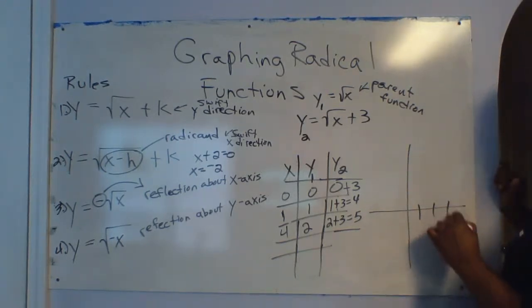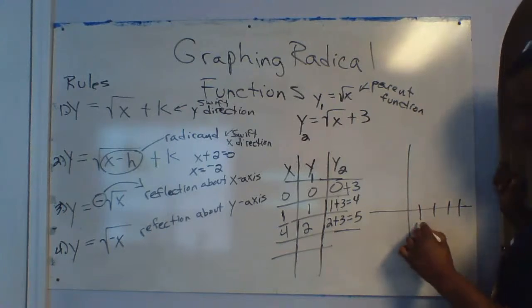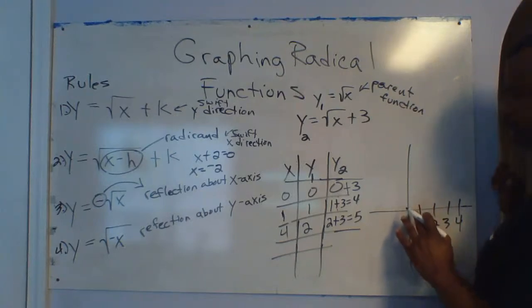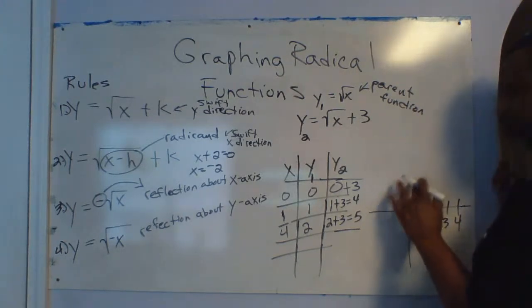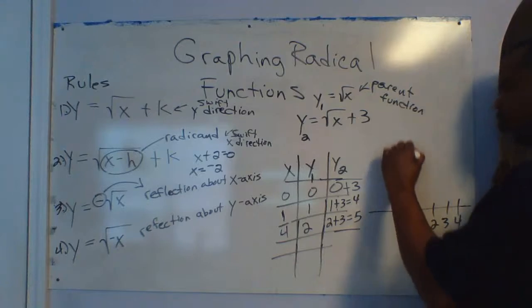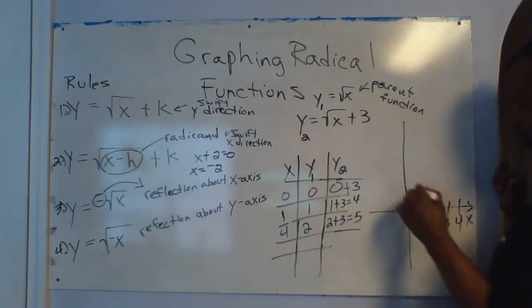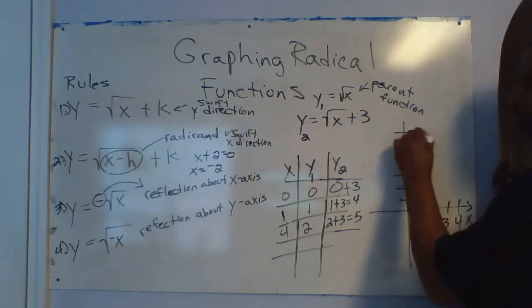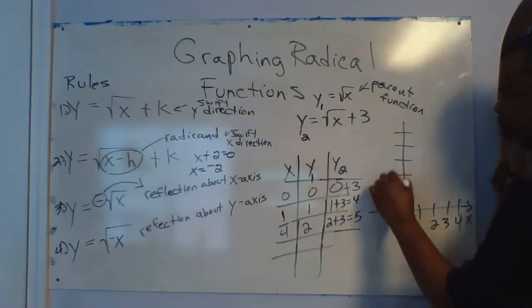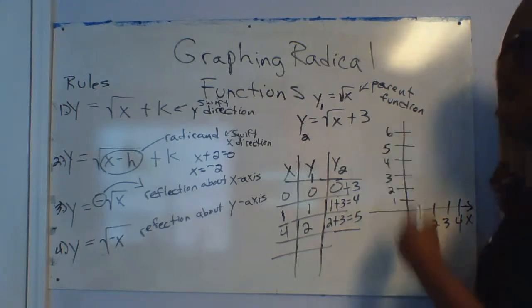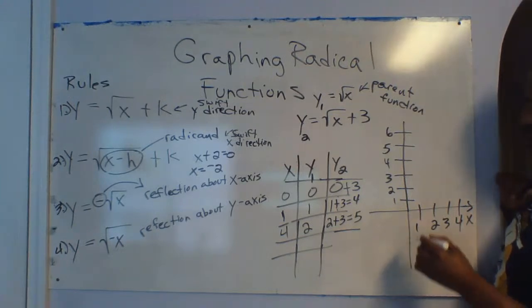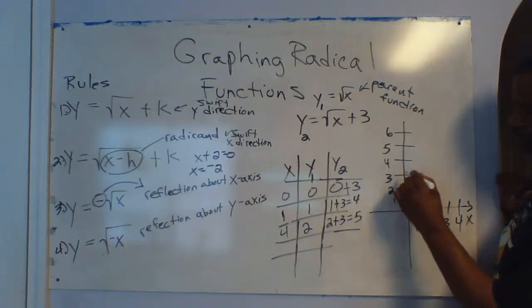I have 1, 2, 3, 4. All right, and then my y direction, I have 1, 2, 3, 4, 5, 6. All right. So when I do that, I add a 3 to it. Right here I have 0, 3.